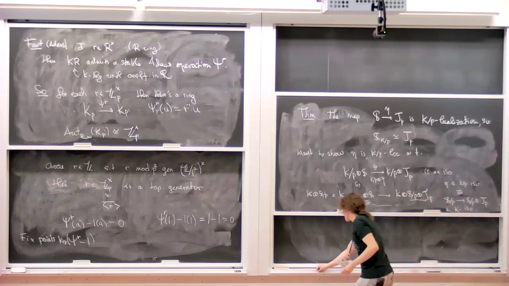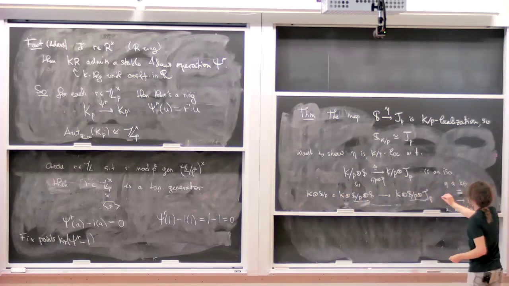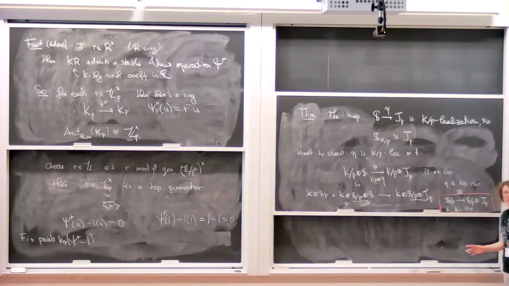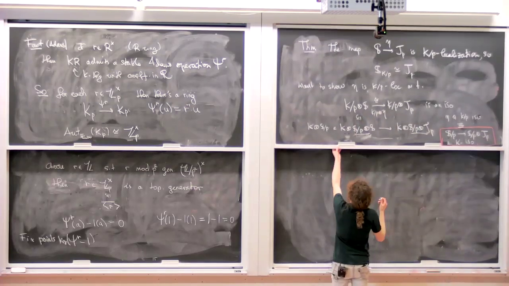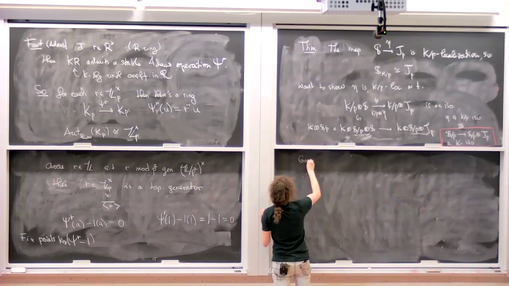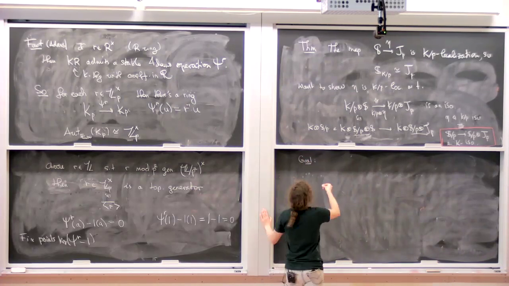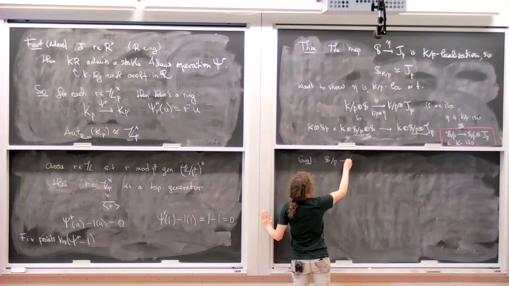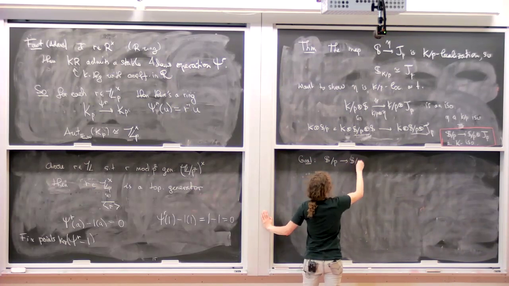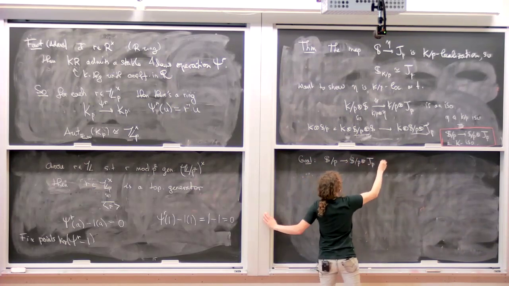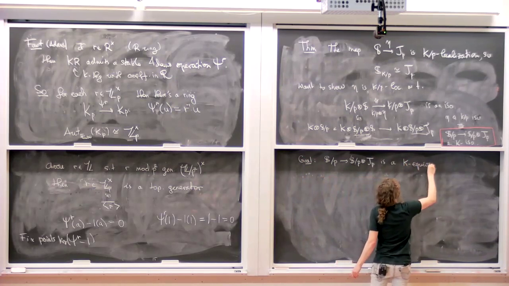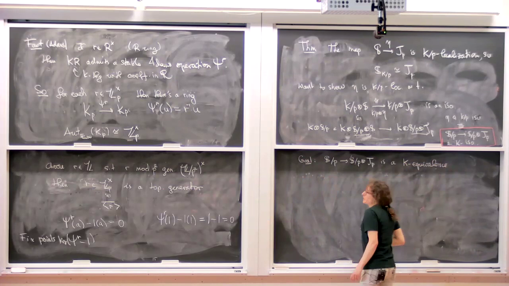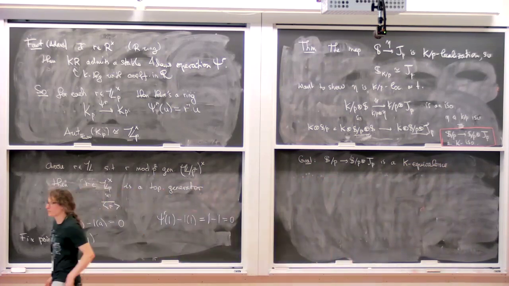So we can focus on showing that this map is an isomorphism on K theory, okay? So the new goal, which I'm not going to give all the details for this proof for sure, that's a very, very computational proof. KP is a K equivalence. That's what we need.